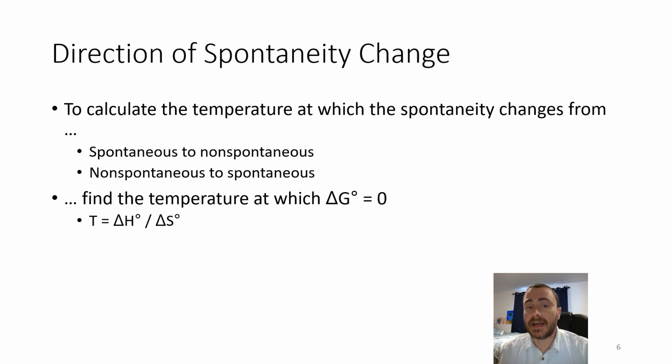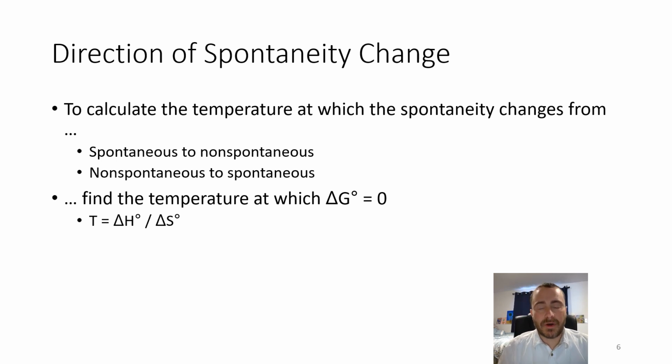So remember, you've got to go back and look those over. But where they change from being spontaneous to non-spontaneous: spontaneous reactions are where we have a negative delta G. Non-spontaneous reactions are where we have a positive delta G. So where they're going to change is where we have a Gibbs free energy change, delta G, of 0.